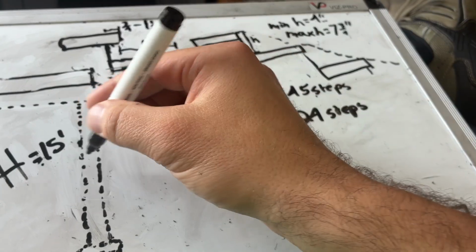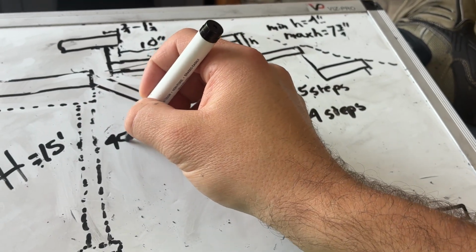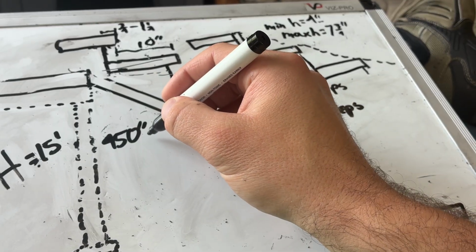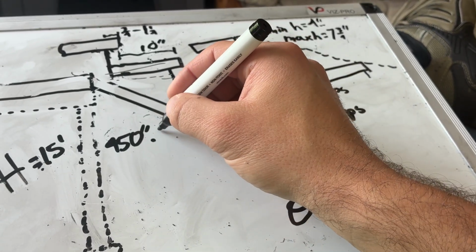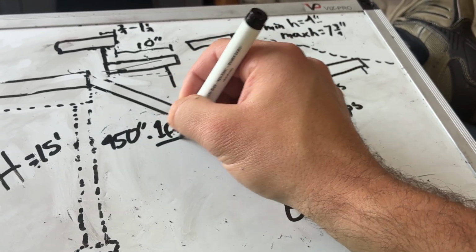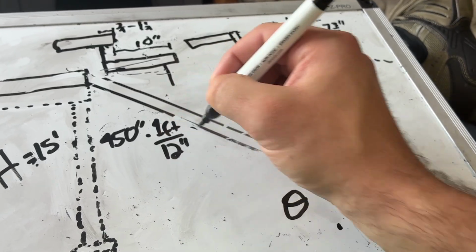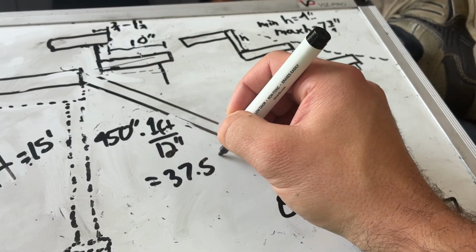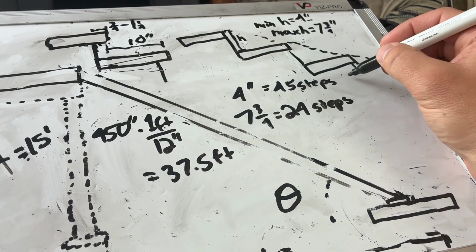So 45 steps is going to be 450 inches, right? And then we multiply that by 1 foot per 12 inches, and that'll give us 37.5 feet.